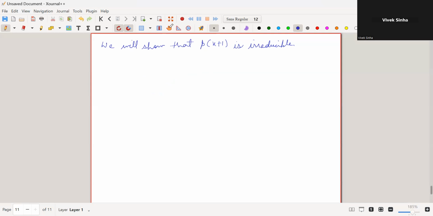We will show that p of x plus 1 is irreducible. So p of x plus 1 is what? This is x plus 1 raised to 4, plus 1. So use binomial expansion. That is x to the 4 plus 4x cube plus 6x square plus 4x plus 2.